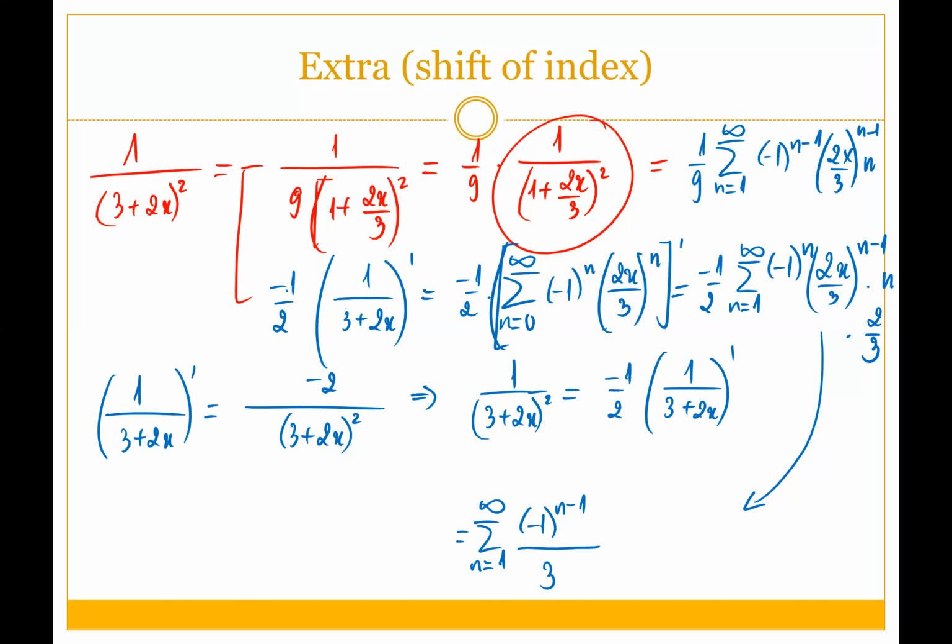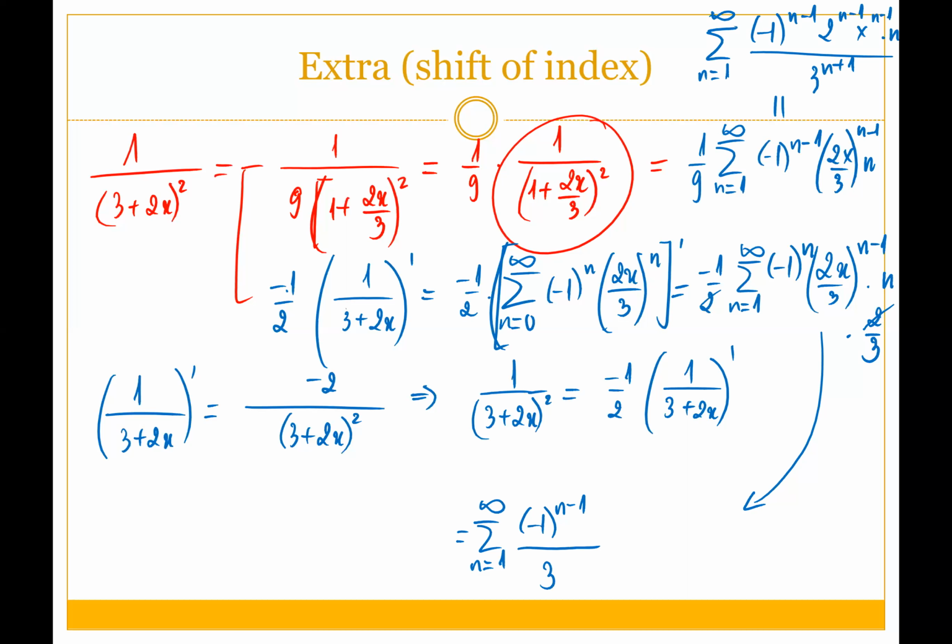Still don't understand why I don't get the answer, even though I check everything and make sure that's correct. This 2 is going to cancel out with this 2. And you have, oh no, it's going to equal the series, n equal to 1, negative 1 to the n minus 1, 2 to the n minus 1, x to the n minus 1, multiply n, divided by 3 to the n plus 1.